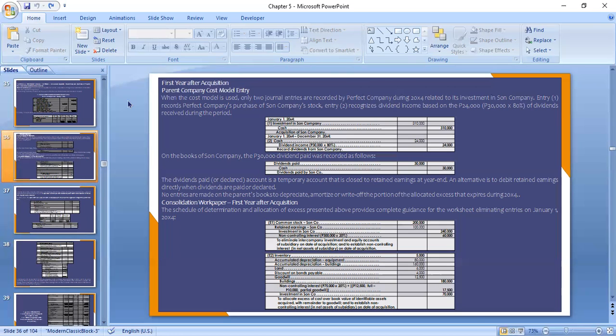We have to debit discount on bonds payable 4,000 and another debit is for accumulated depreciation of equipment and buildings, then debit to land for the undervaluation, debit to discount on bonds payable, and we also debit accumulated depreciation of the equipment and the buildings, debit to land, discount on bonds payable, and debit to goodwill for 12,500.